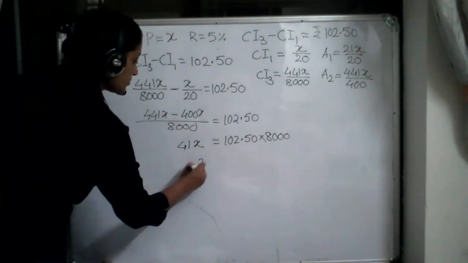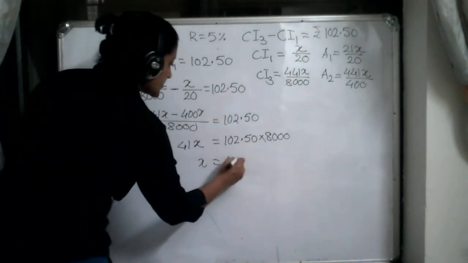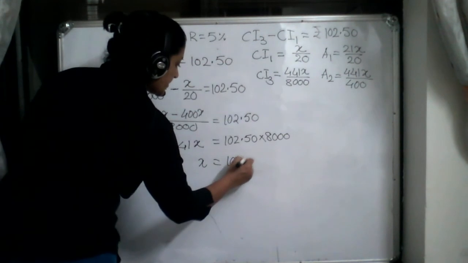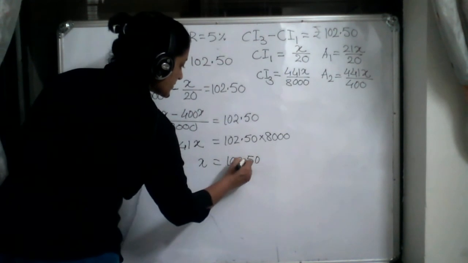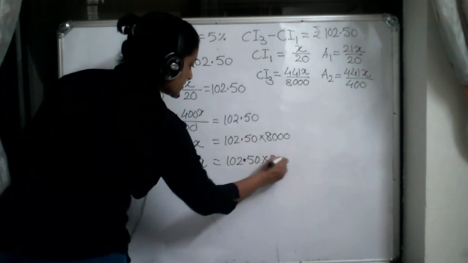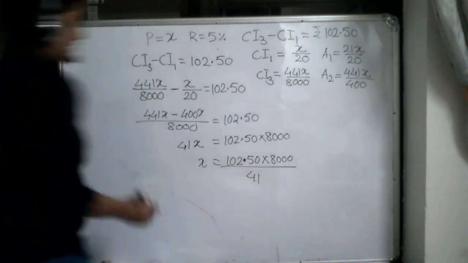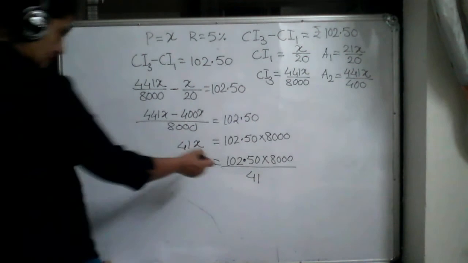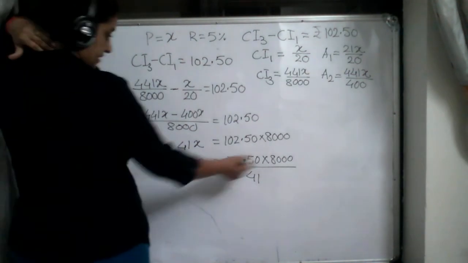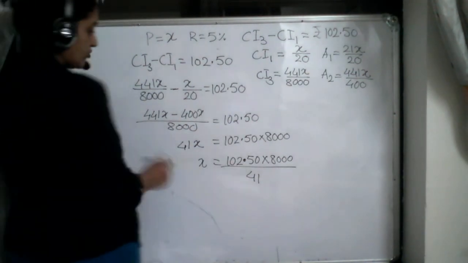Okay, now x would be what? 102.50 into 8000 upon 41. Now you may be wondering how will it get cancelled. It is going to get cancelled by 41.